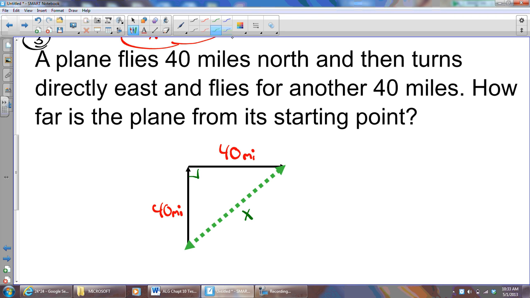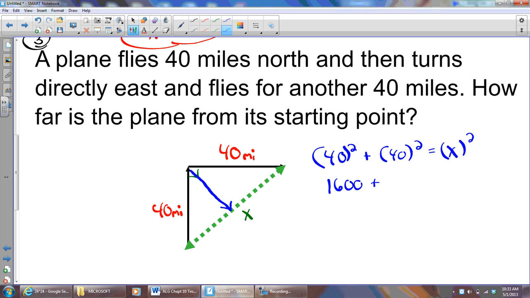All right. So now I find my hypotenuse, which is x in this case. So I can do 40 squared plus 40 squared, and that'll equal x squared. So that'll be 1600 plus 1600. That'll equal x squared.